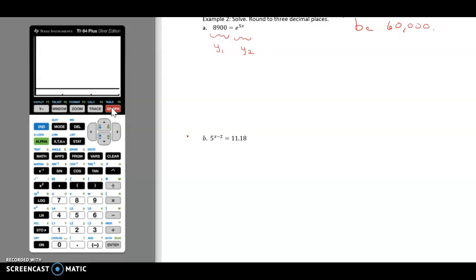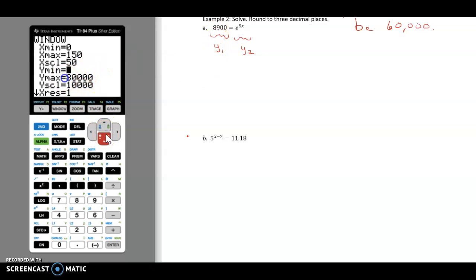So once again, probably have to play around with window settings a little bit. I'm going to leave my X alone and see if we can see the value there. I'm going to change my Y max because this is 8,900. That's the horizontal line. But we're going up to like 80,000 here.